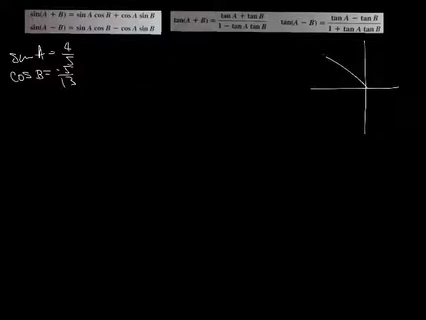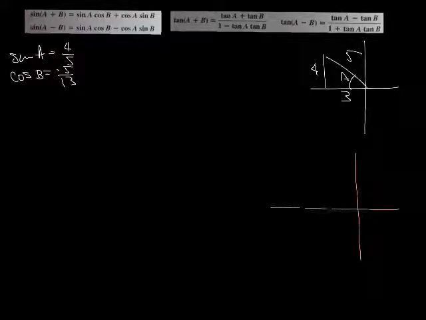And then it tells me that my sine of A is 4/5. So this is A. Opposite is 4, hypotenuse is 5, which tells me this is 3. Remember the 3, 4, 5 triangle. Alright, let's look at the other one, cosine of B. What does it say about the cosine of B? It says that pi is less than B, which is less than 3 pi over 2.